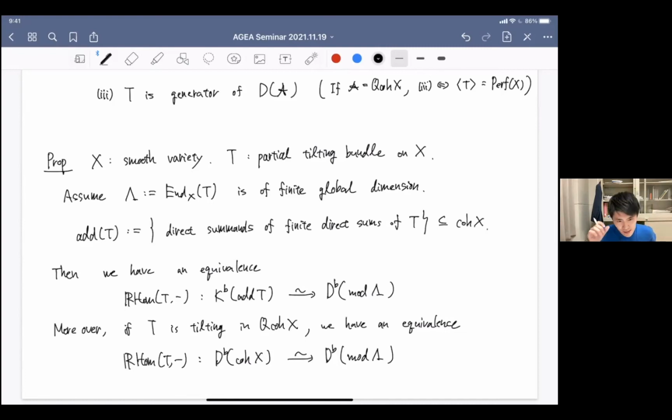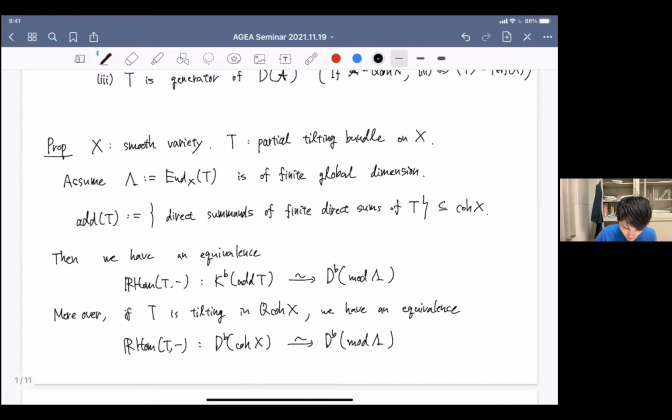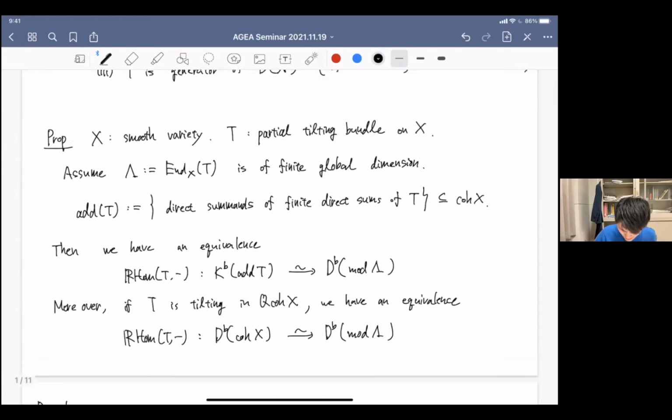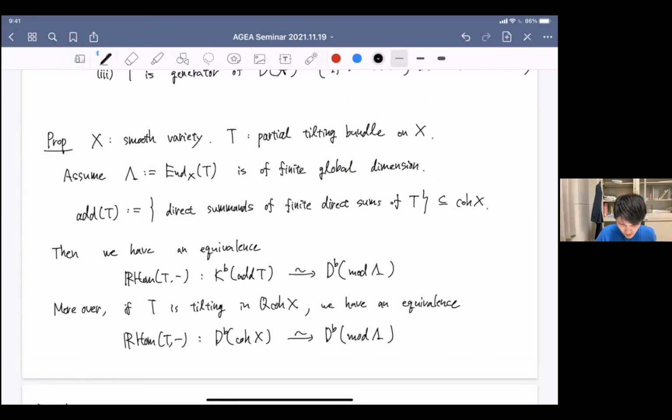And moreover, if T is tilting in quasi-coherent sheaves, then we have an equivalence between the bounded derived category of coherent sheaves and the bounded derived category of finitely generated right modules over Lambda. So this is a classical result, and there are many known examples of varieties which admit tilting bundles.